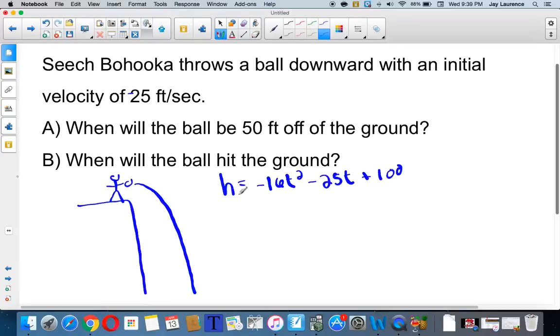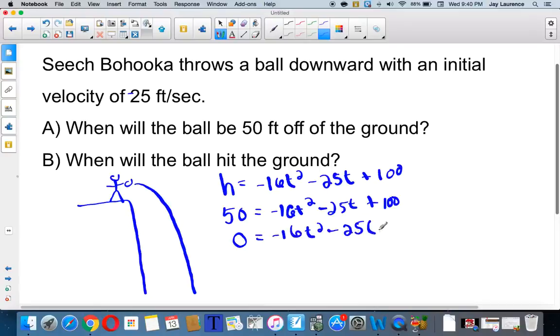I make h 50, negative 16 t squared minus 25t plus 100, and that turns out to be negative 16 t squared minus 25t plus 50.